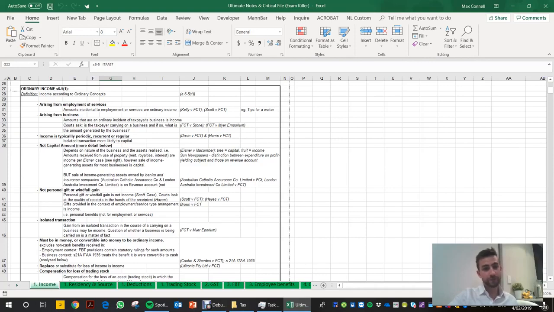Dixon versus FCT. These kind of questions are important because back in the days before capital gains tax, a lot of people, to avoid tax, used to argue that their income formed part of capital income. Therefore, being a capital gain, they wouldn't have to pay capital gains tax on it. These days, it's not as important because after 1985, both capital gains and ordinary income go into your personal tax return as assessed at your own marginal tax rate.